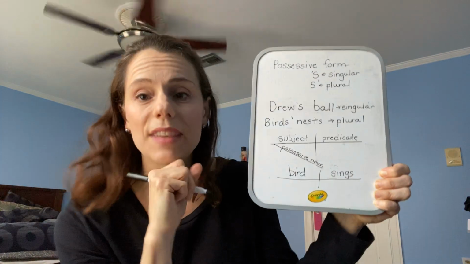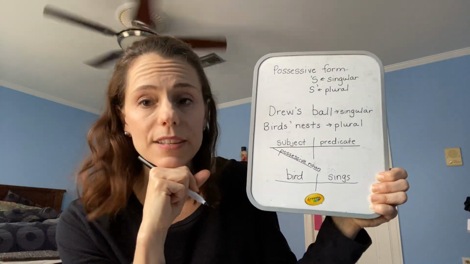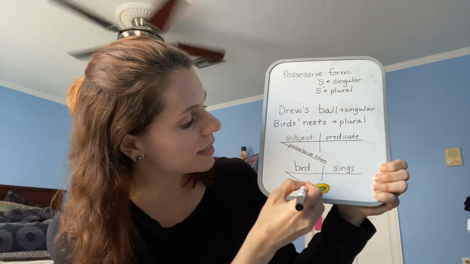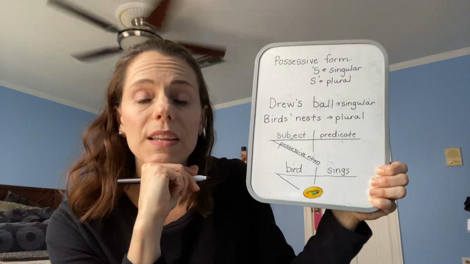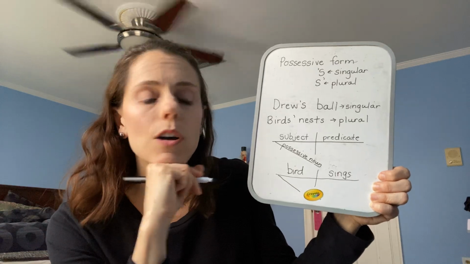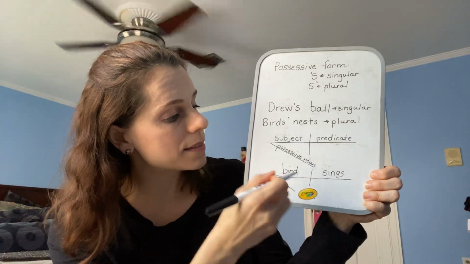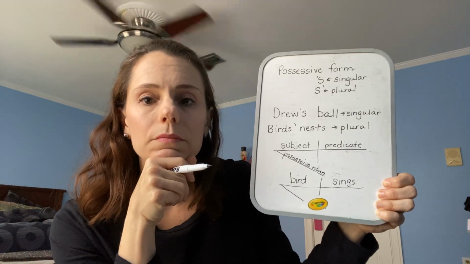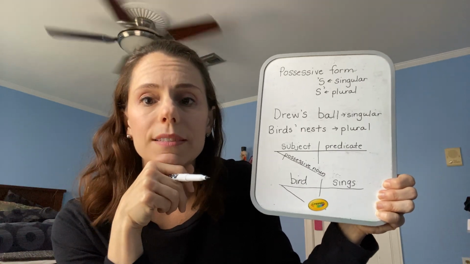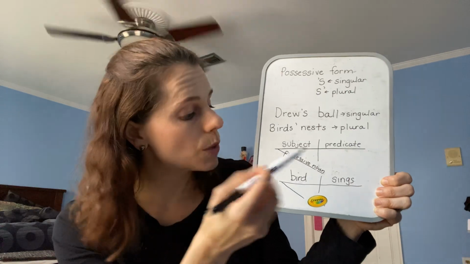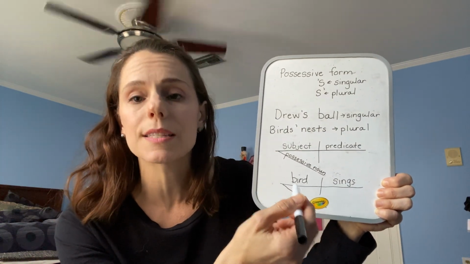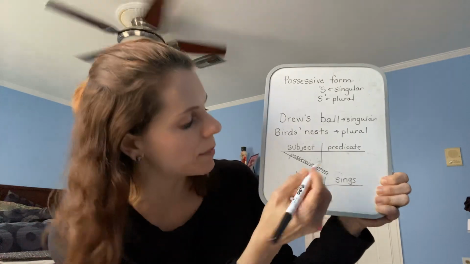So the possessive noun, the word with the apostrophe S or the S apostrophe, is going to go underneath the subject. Now if you think about it, why is it going underneath the subject and not underneath the predicate? What is it describing? It's describing the subject. It's Jeff's bird. So of course the possessive, the word Jeff, is going to go underneath the subject because that's what it's describing.